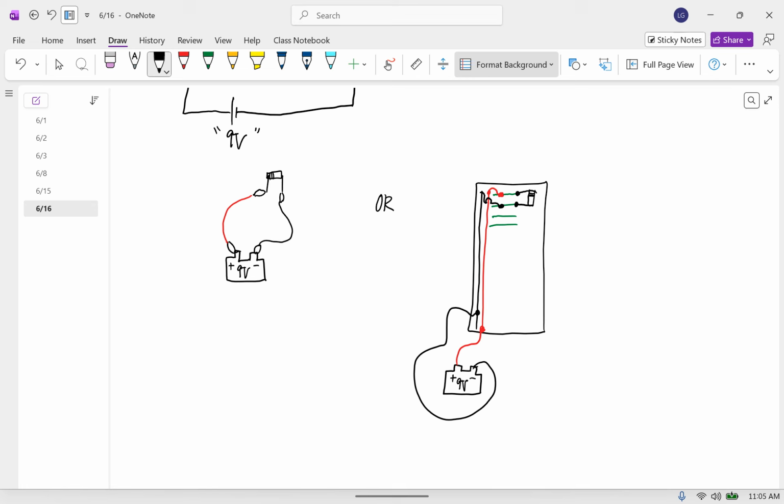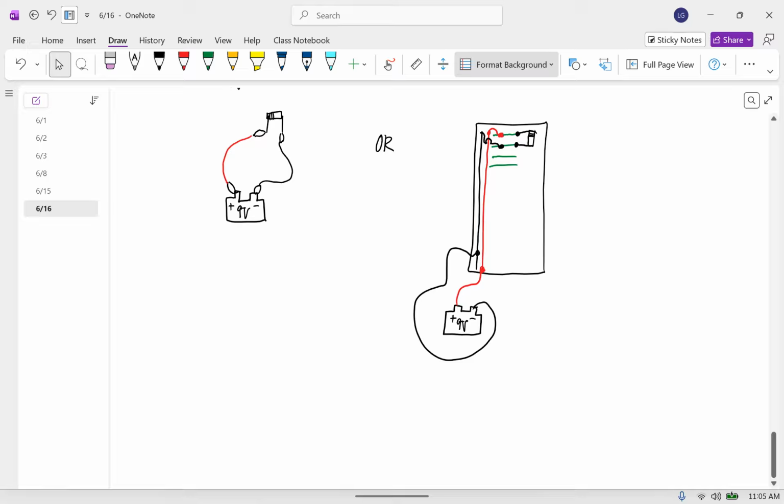Okay, let's do two things. They're going to give the same answers, but let's measure both of them independently. So first, let's measure the voltage in the battery.